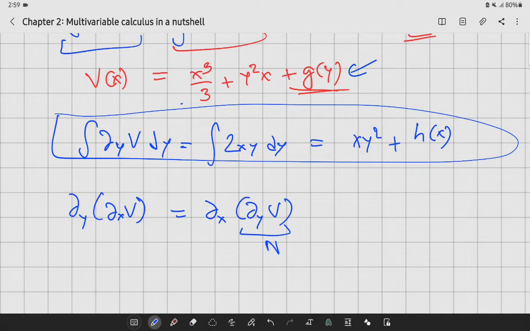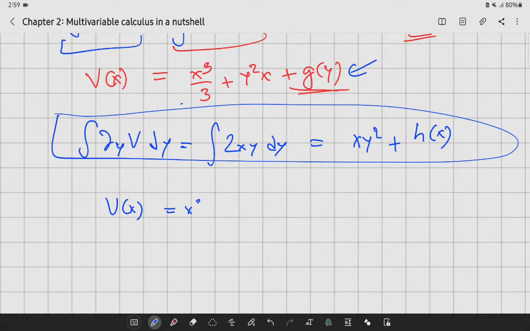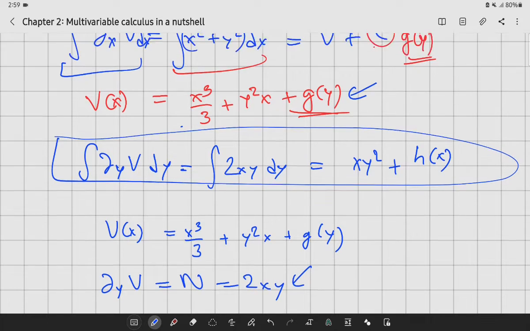Okay, so I'm back. Let me just continue where we left off. So I have v of x equals x cubed over 3 plus y squared x plus g of y. Now, partial y of v is known to me. That's simply N, and N was 2xy. This is what I know from our assumption.